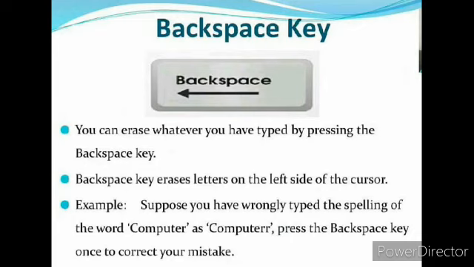The backspace key erases letters on the left side of the cursor. For example, suppose you have wrongly typed the spelling of the word computer. Press the backspace key once to correct your mistake.